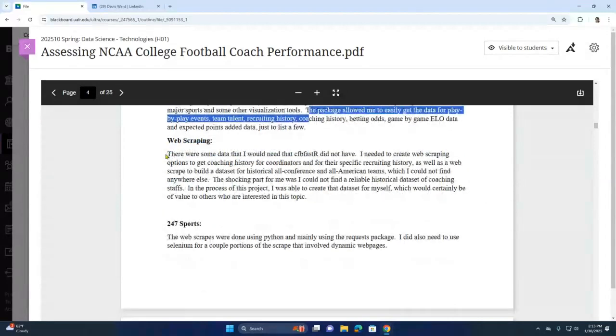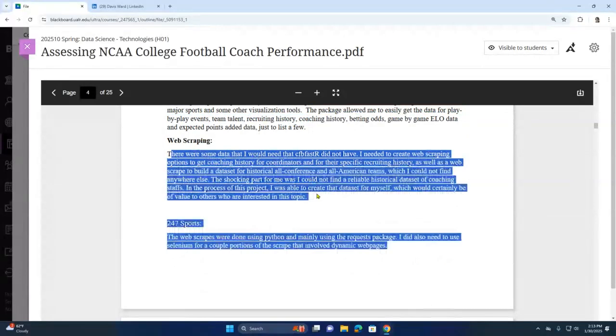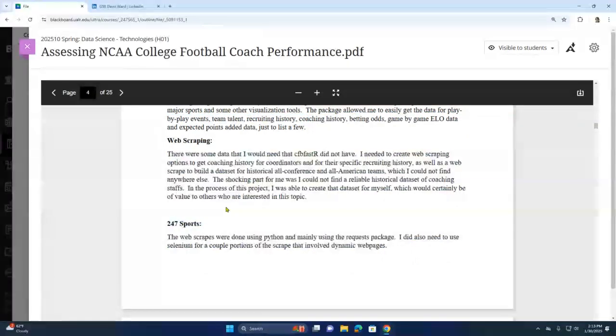And then it turns out there was some data that he needed that he couldn't get from college football. For example, he had to go out to various sites to try to get coaching history for coordinators.